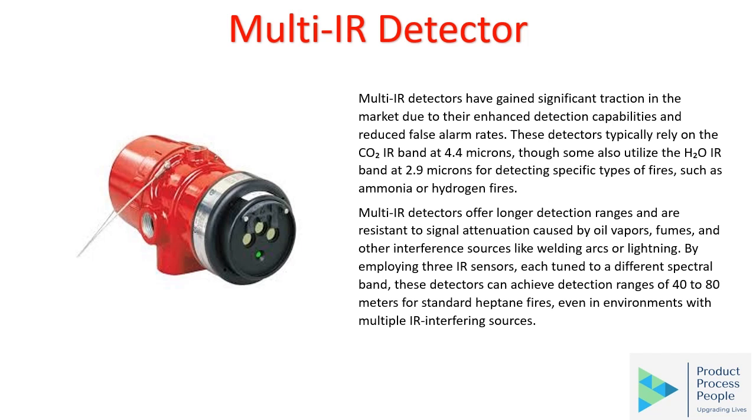Multi-IR detectors have gained significant traction in the market due to their enhanced detection capabilities and reduced false alarm rates. This detector typically relies on the CO2 IR band at 4.4 micron and additionally the H2O IR band at 2.9 microns, detecting specific types of fires such as ammonia or hydrogen fires.